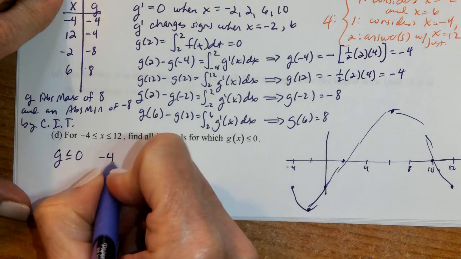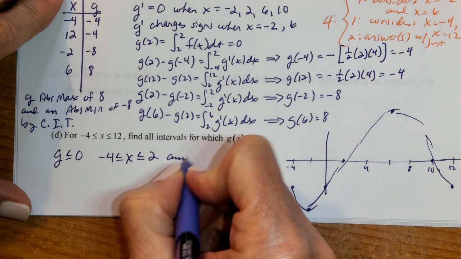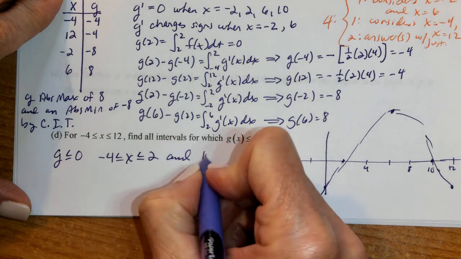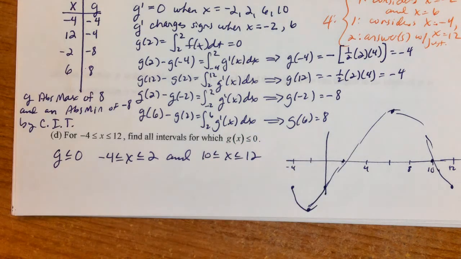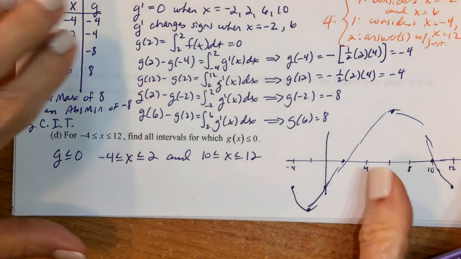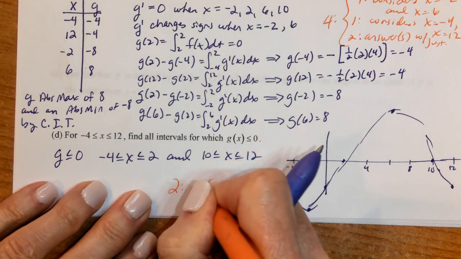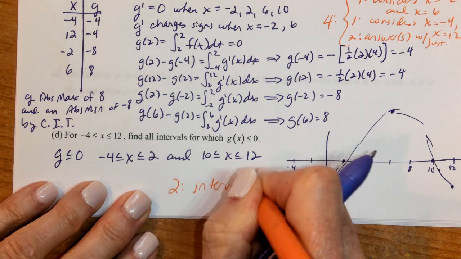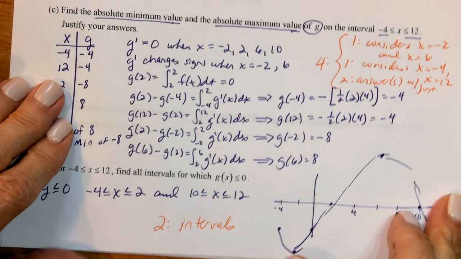From -4 to 2, and from 10 to 12. That's when we're negative. We did not have to justify it. Okay? That was worth 2 points for the intervals. And that's how that question was scored.